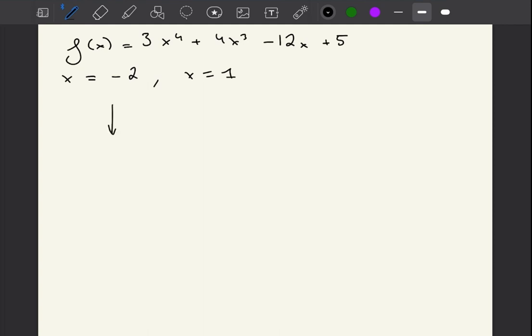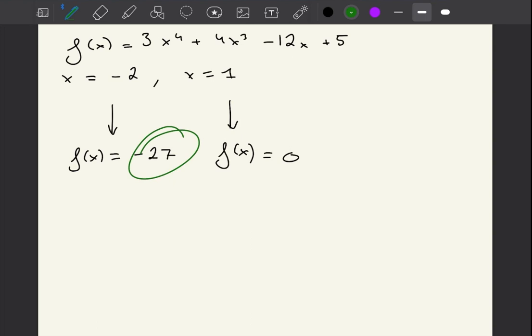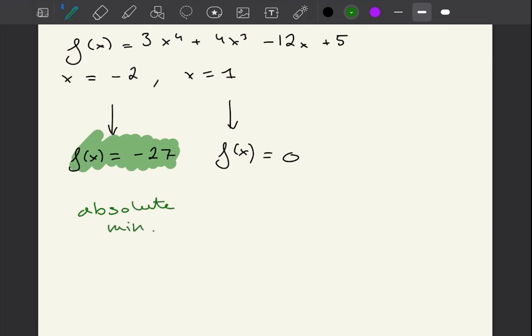If you plug this into the equation, at -2, f of x is equal to -27. And at 1, f of x is just equal to 0. So obviously, this number is less than the other one. So this is our final absolute minimum, and our absolute minimum is at x equal -2, right?